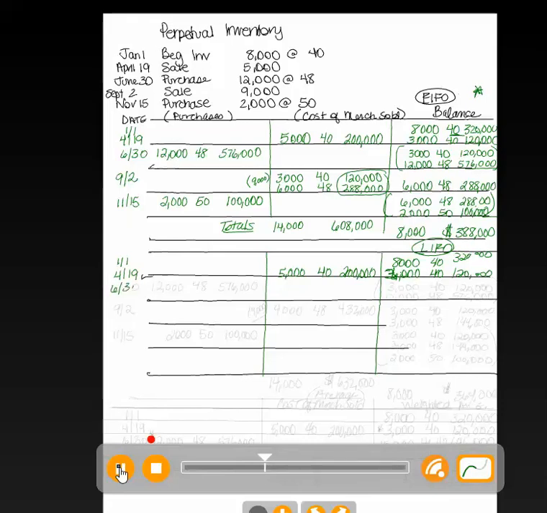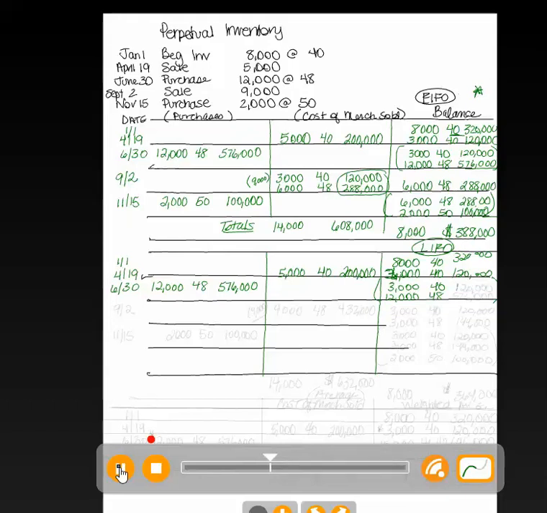Then, June 30th, you purchased 12,048 units for $576,000. At this point, you have 2 layers of inventory, so you need to take up 2 lines. You'll bring down the 3,040 items, and now you have 12,048 items, and then you'll multiply those out to find the balance in your inventory account.